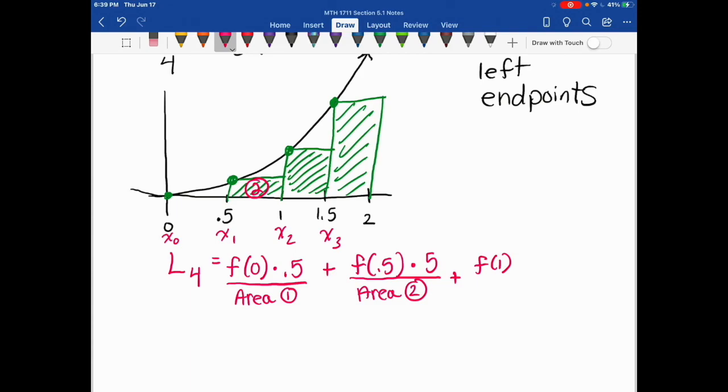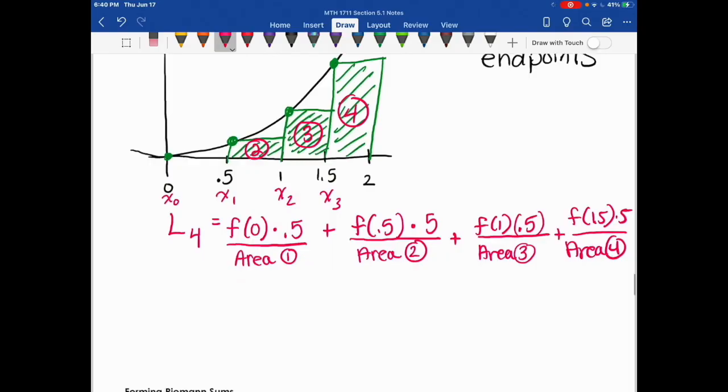So I'm going to have f of 1 and I'm going to multiply that by 0.5, which is the width of my rectangle. That's going to give me area of rectangle 3. That's this one here. And then the last one, I'm going to take f of 1.5, multiply it by 0.5, and that's going to give me the area of rectangle 4.